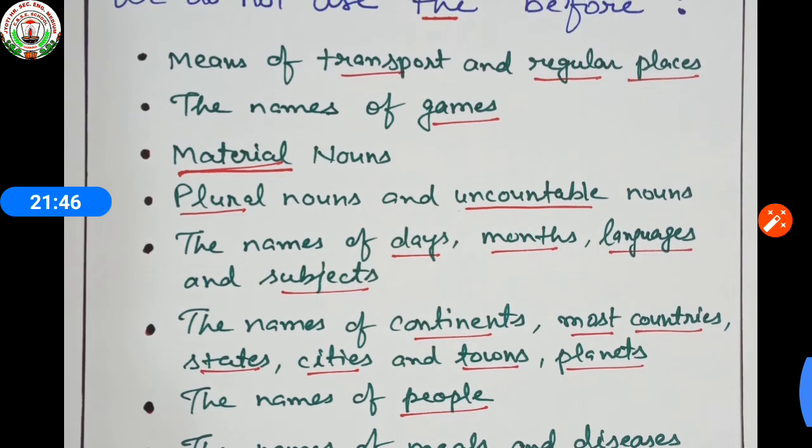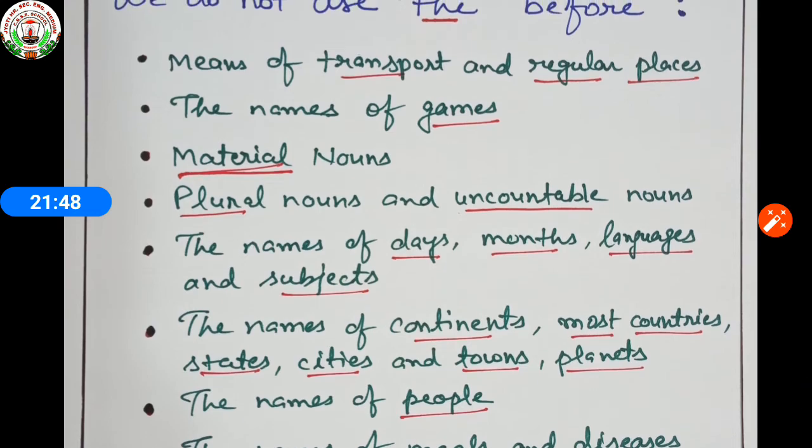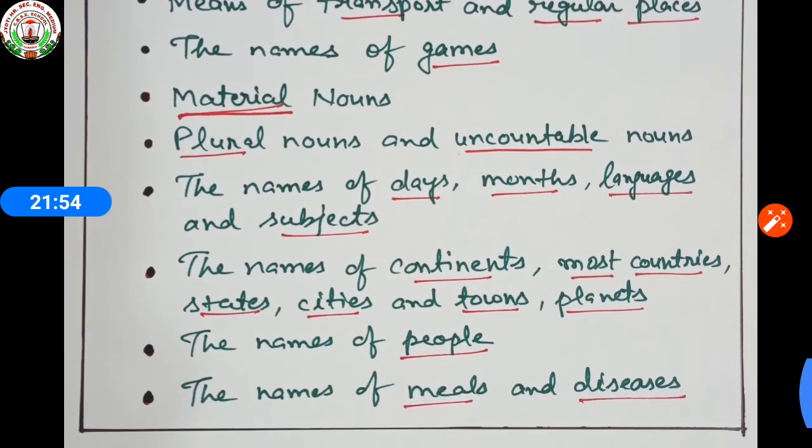We do not use the before the names of days, months, languages and subjects. We do not use the before the names of continents, most countries, states, cities and towns, planets. We do not use the before the names of people. We do not use the before the names of meals and diseases.